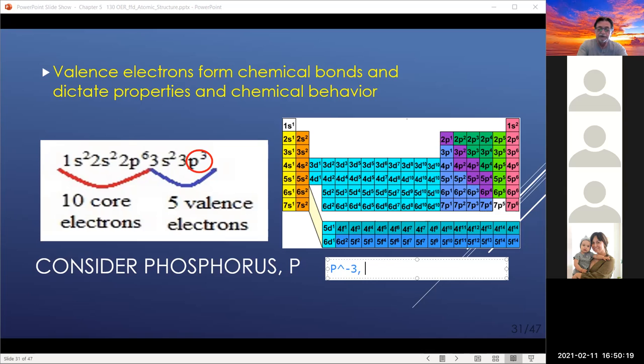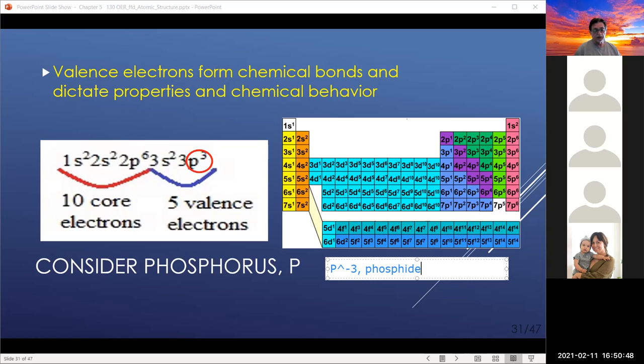And guess what happens to its name? Phosphide. The ion is called phosphide. The element is called phosphorus. Getting the hang of the naming is important because down the road we're going to get a sentence or two about a reaction, and there's a difference between writing phosphorus versus writing phosphide.